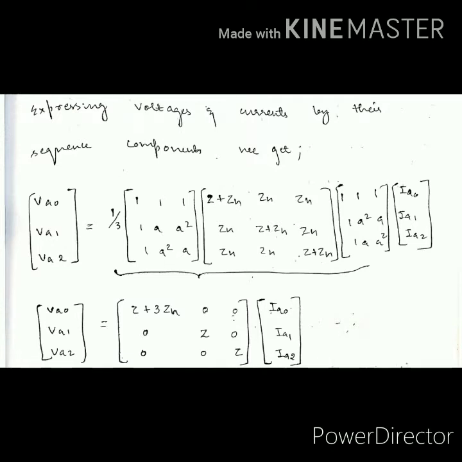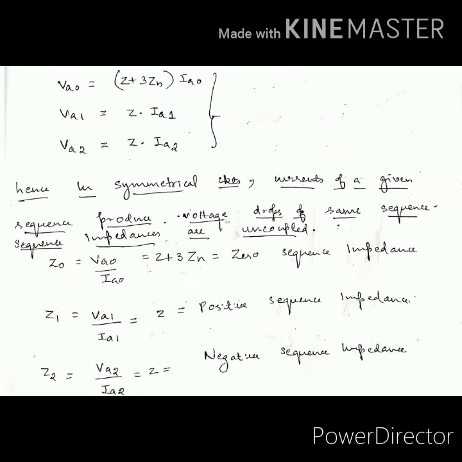And this matrix form again you are writing in terms of equations, that is VA0 is equal to Z plus 3Zn into IA0, VA1 is equal to Z into IA1, VA2 is equal to Z into IA2.